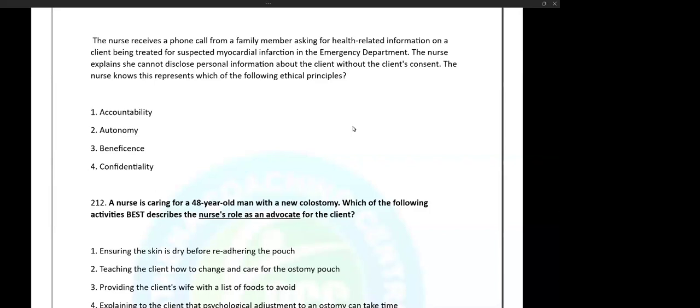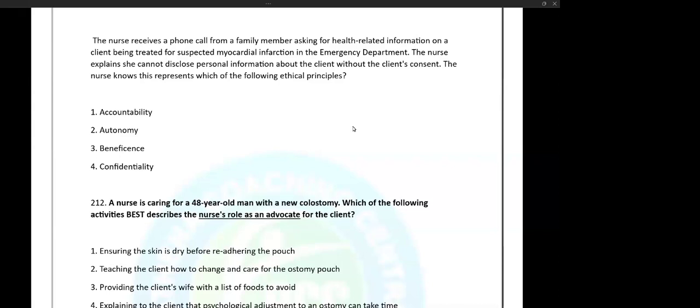We are responsible for the things we do. You are responsible for your own action. That is considered accountability. Okay, so each one is responsible for their own action.